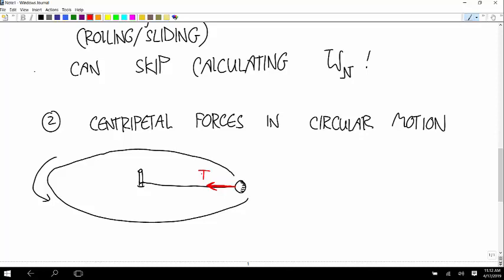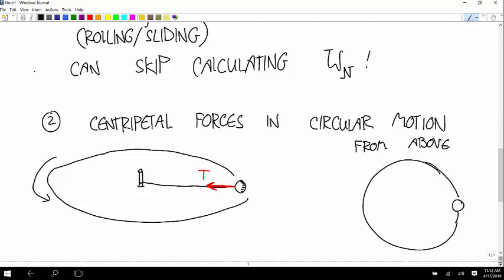But if you think about it from above, there's the circular path, here's the cable, the tension is like this, the velocity is like this. Those are perpendicular to each other.